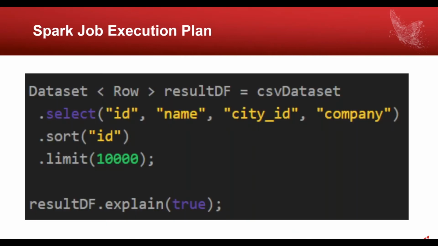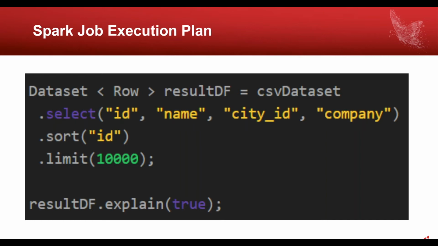Let's now see how to understand how your code will be executed. In this example, we create a data set which reads the data from the CSV file on the disk.